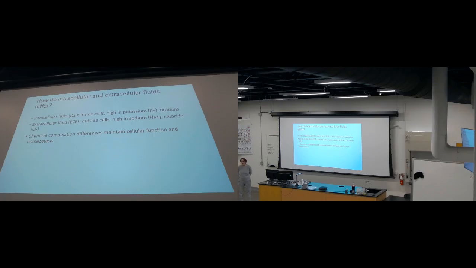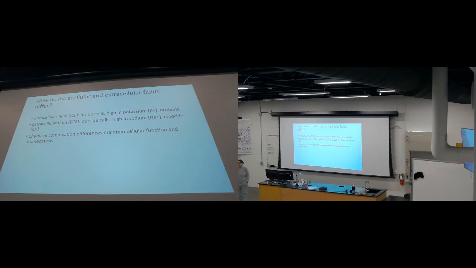Okay, so what is the difference between intracellular and extracellular fluids? Intracellular fluid has high levels of potassium and low levels of sodium, while the extracellular fluid is the opposite, with high levels of sodium and low levels of potassium.